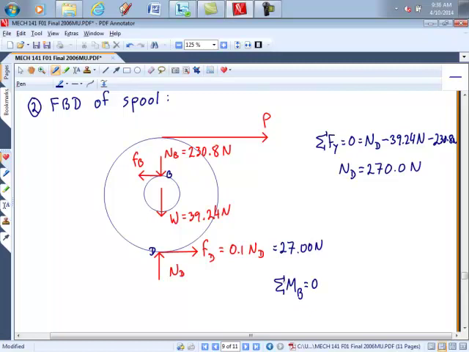The radii that are given, I should put those on the diagram, 0.1 and 0.3. So this is 0.1 meters and this is 0.3 meters.